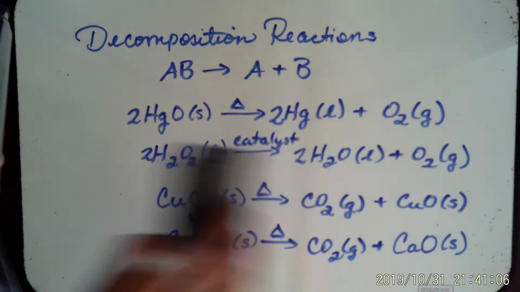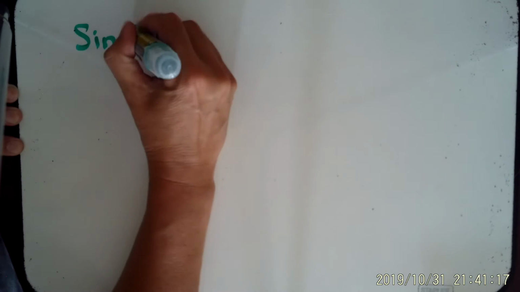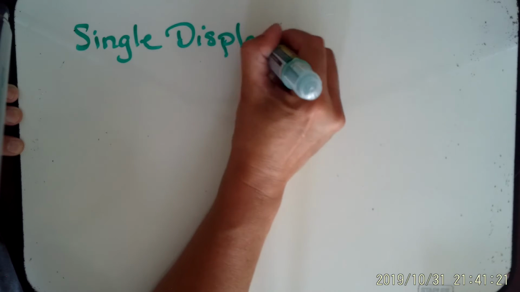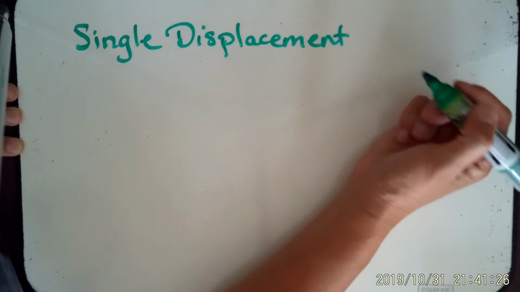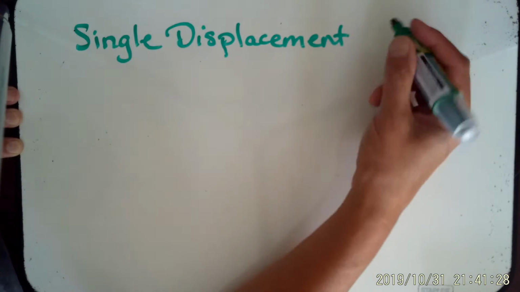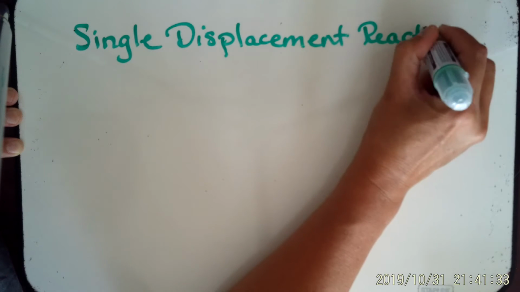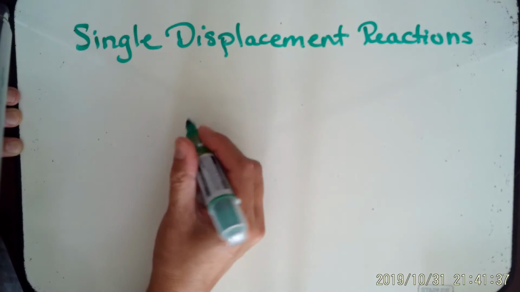Let's go to the third one, which is called a single displacement reaction. We use this when we work with metals and acids to see which is more reactive in the activity series. But let's first define what a single displacement reaction is.